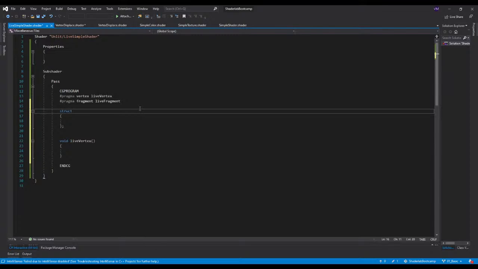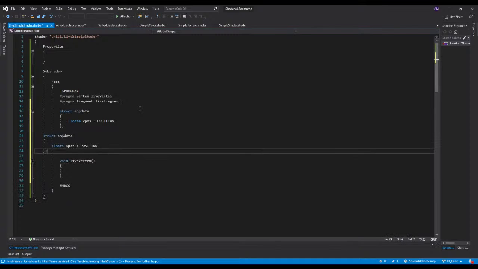The name of the structure is app data. What we are getting as an input is a vector 4, basically a float 4, which you can call anything, vpos, position.